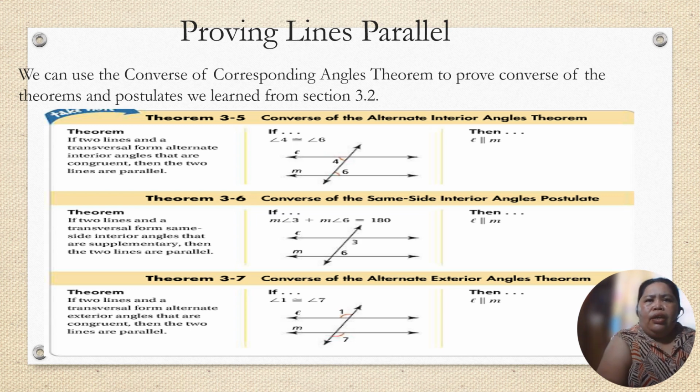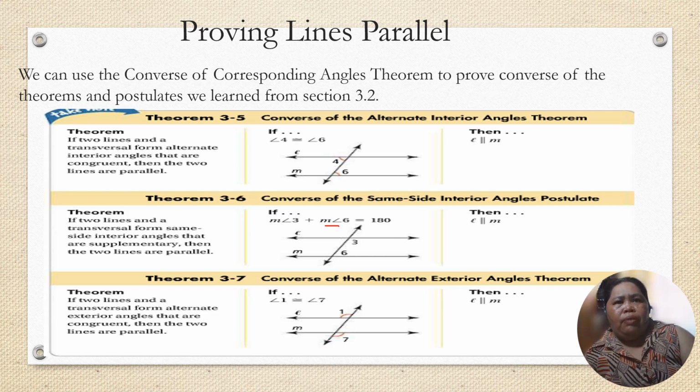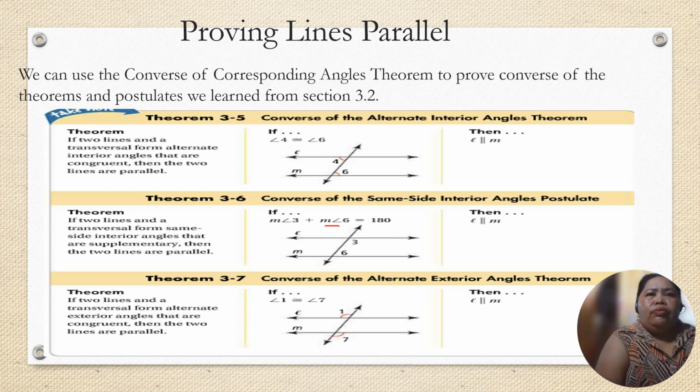Like this one, measure of angle 3 plus measure of angle 6 is equal to 180 degrees. Therefore, we can say that line L is parallel to M. Remember that supplementary means the sum of the two angles is equal to 180 degrees.